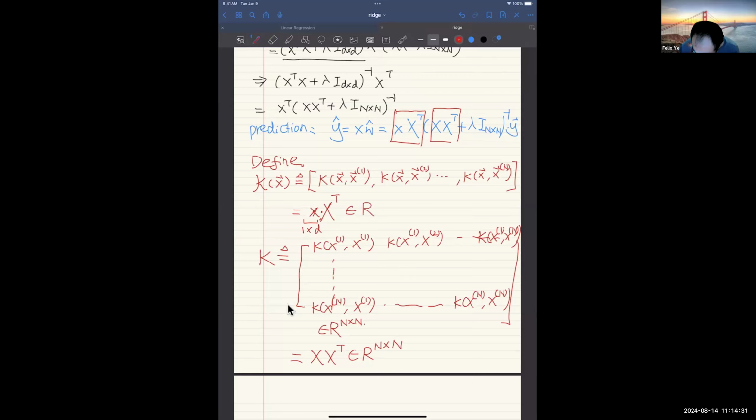What actually matters is this vector kx and the matrix K, and both terms are independent of d. That means we don't actually need d here, so it will be significantly faster.